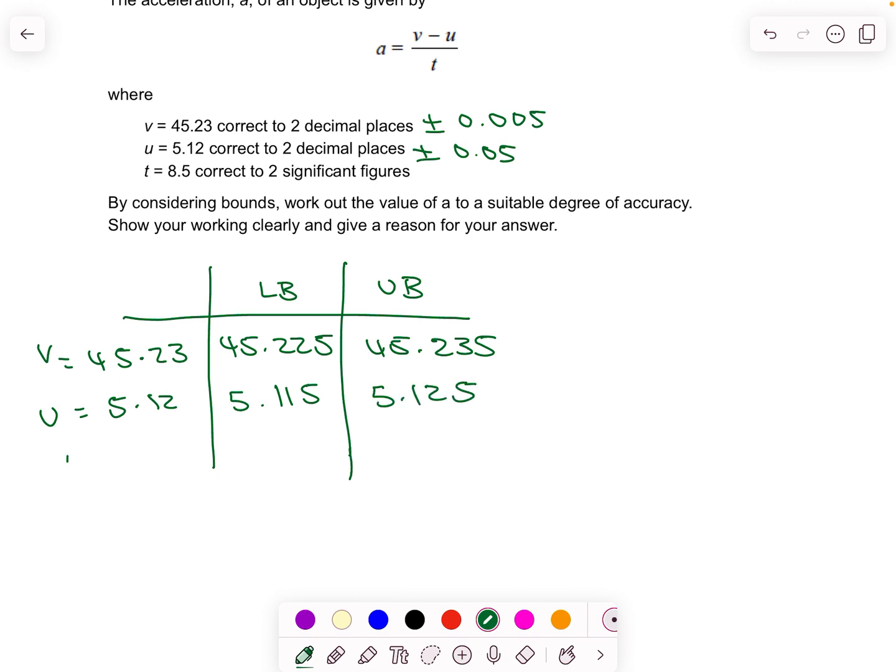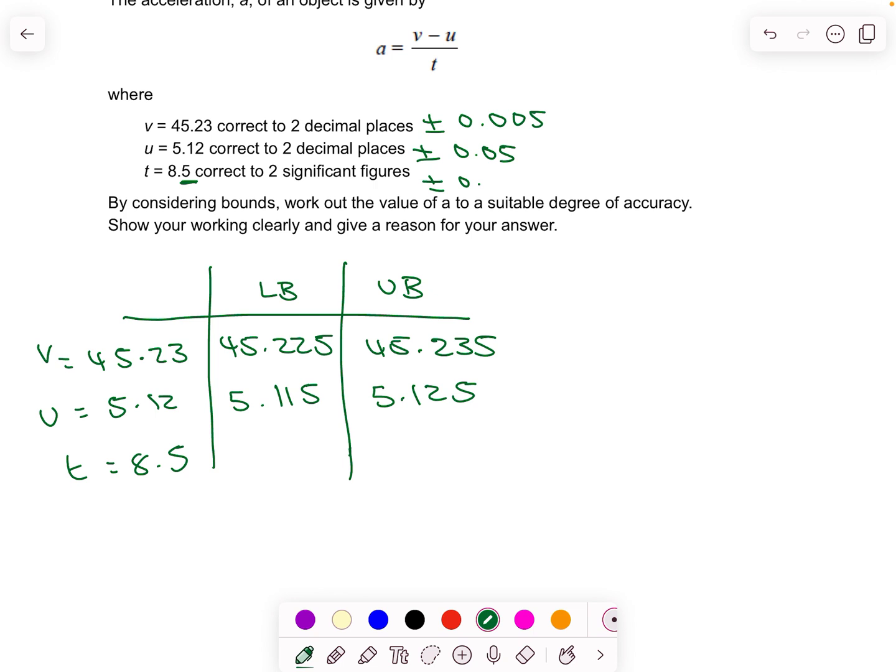And then last of all, T equals 8.5. So that's to 1 decimal place. Even though it says 2 significant figures, that results in it being to 1 decimal place. So we're going to add or subtract 0.05. Sorry, I've done something wrong there, haven't I?